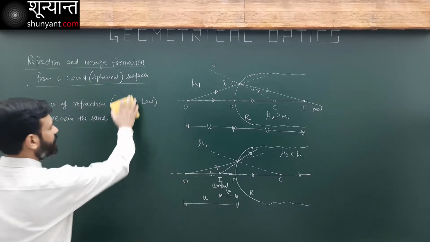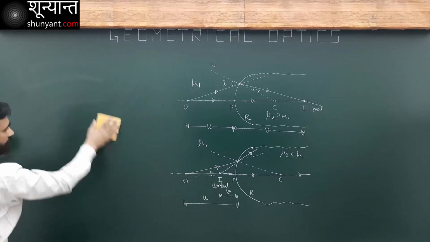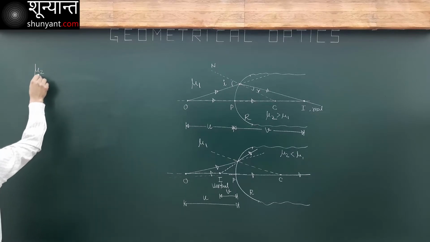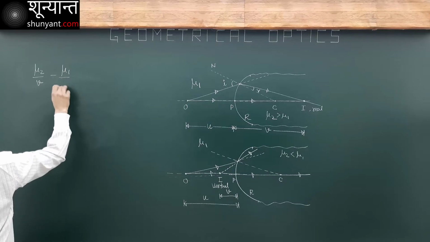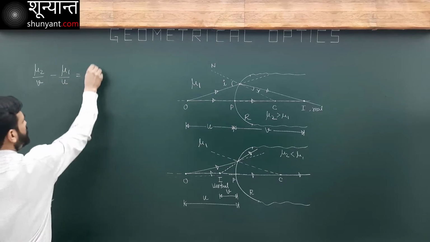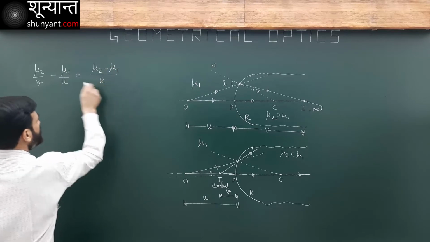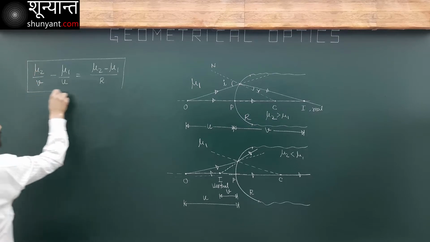Then how are all the quantities related? They are related like this: mu2 over v minus mu1 over u is equal to mu2 minus mu1 over r. Now you have to remember this relation.